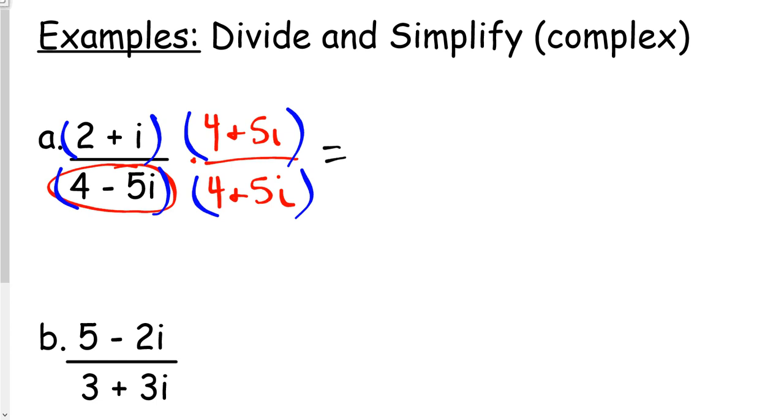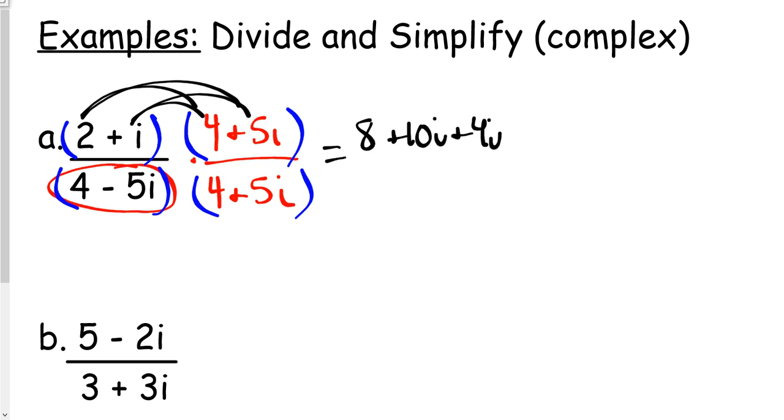So we're going to use the distributive property here, but we need to use it in the numerator and the denominator. So 2 times 4 gives me 8. 2 times 5i gives me 10i. Then i times 4 gives me plus 4i. And then i times 5i gives me plus 5i squared.